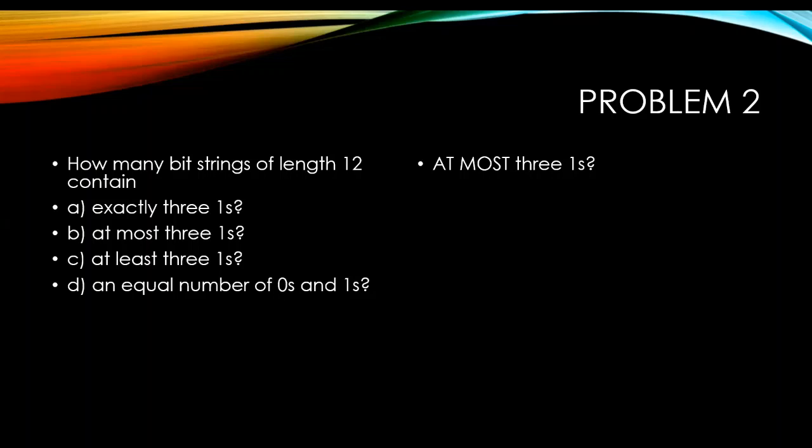For each scenario, we're going to get a combination pattern count. So 0 of 1s, 1 of 1s, 2 of 1s, and 3 of 1s. So we have 4 combinations that we're going to get. Then, after getting the number of patterns, add those 4 to get the total patterns that represent at most 3 of 1s.